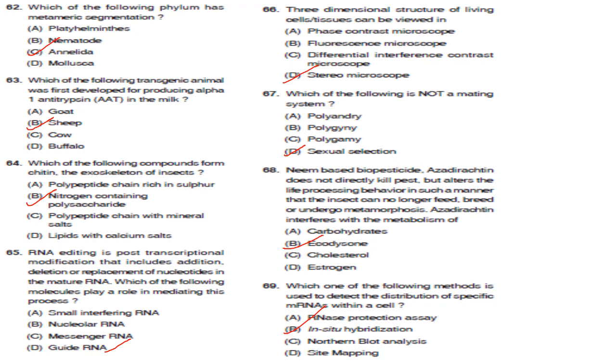And site mapping is a process of creating site maps that index information of your site for increased usability and easier website planning. So now they have asked which one of the following methods is used to detect the distribution of specific mRNA within a cell. Distribution means it will localize the sequence of RNA in the biological sample. So it is in situ hybridization. Answer is option B.